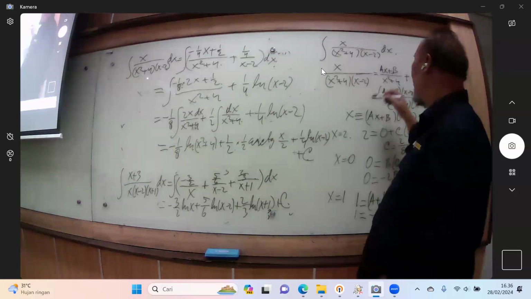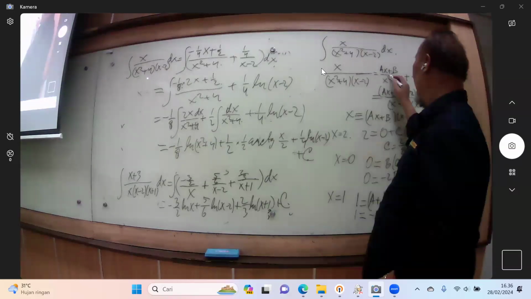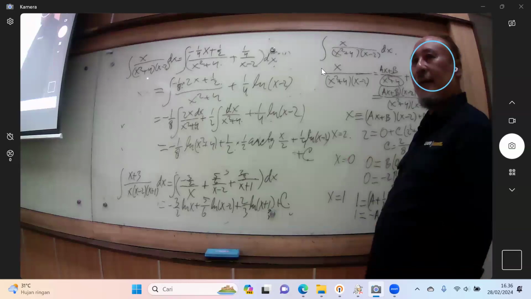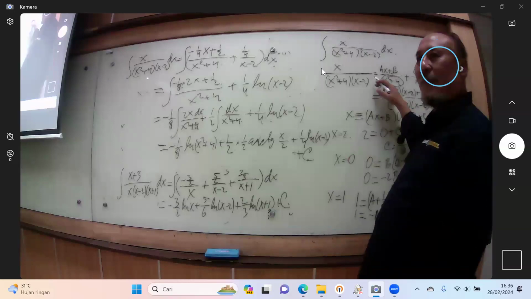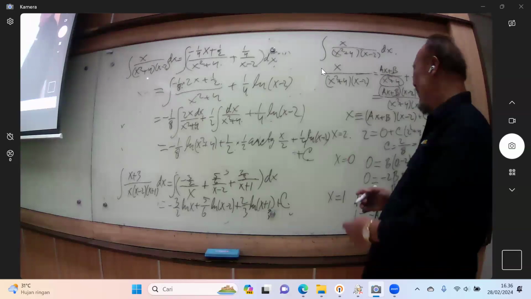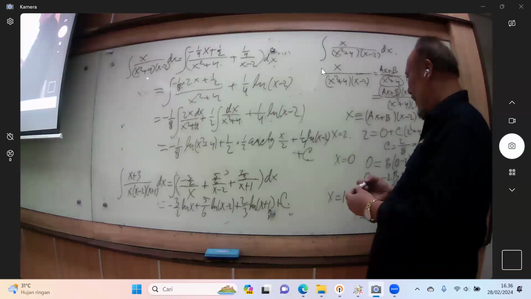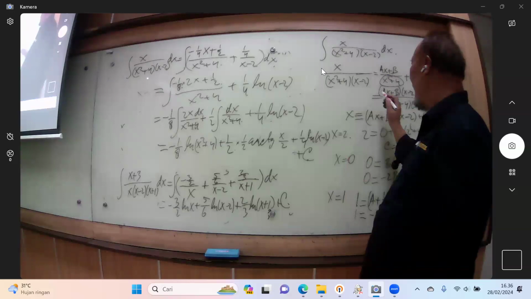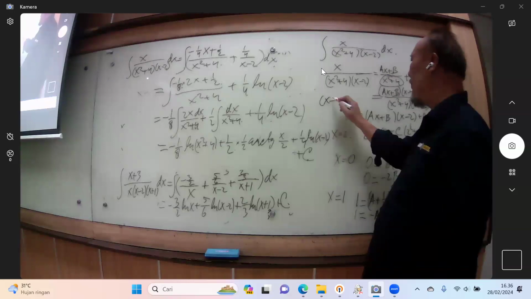This one is definite positive. So the roots of this are complex, right? Let's call it definite positive. If it's definite positive, the general form of definite positive is (x plus a) squared plus b squared.